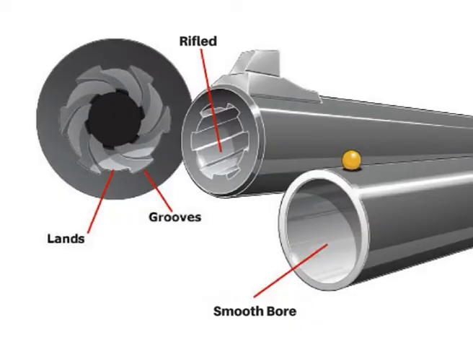Rifling within the barrel of a firearm comprises a raised portion called the land and a depressed portion called the grooves. Now, the grooves are the depressions which are cut away by the rifle cutter, whereas the lands are those regions within the barrel which do not come in contact with the rifling cutter and are left as raised portions.